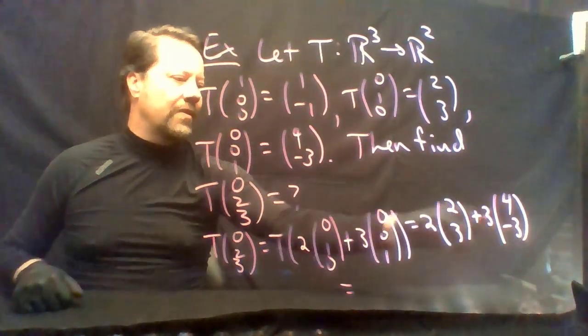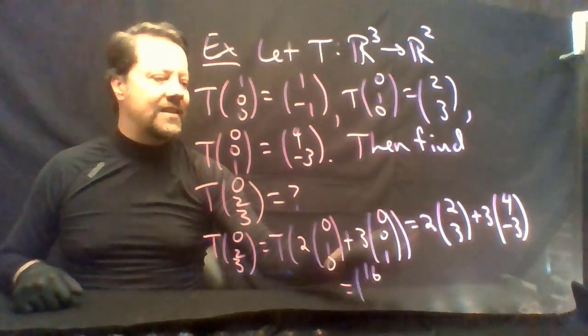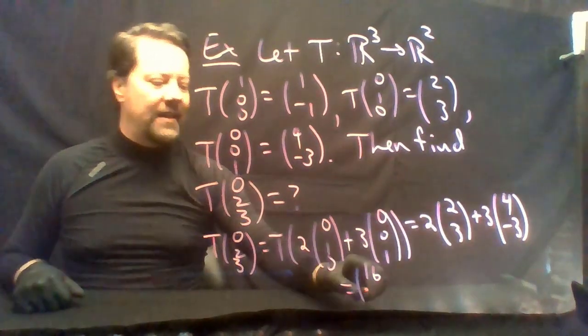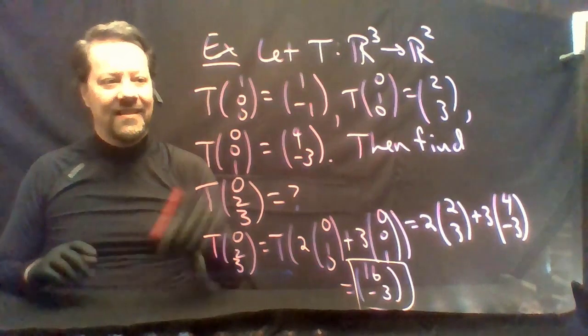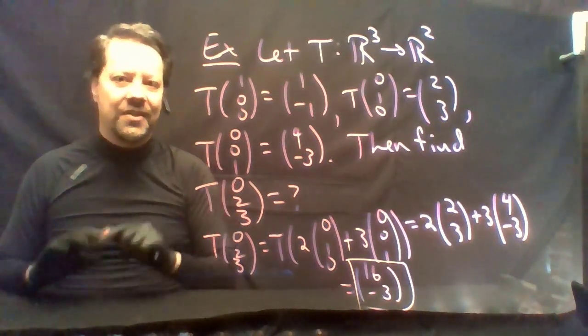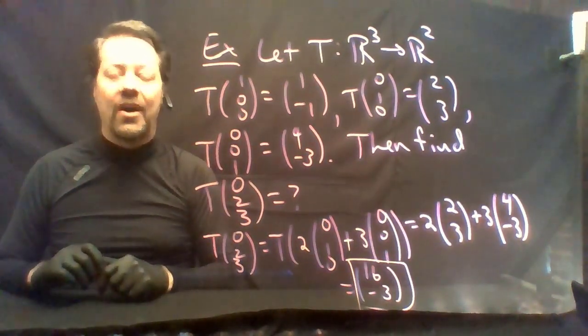That gives us 4, and 12 is 16, and then 6 minus 9 is negative 3. The value of a linear transformation is completely determined by its action on a basis. Linear transformations have their own algebra.